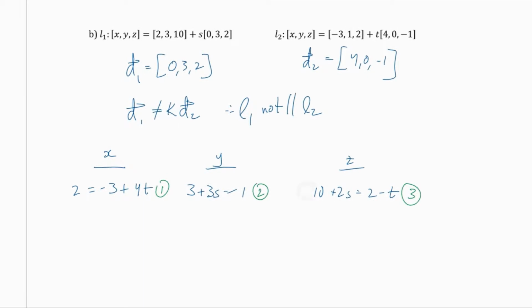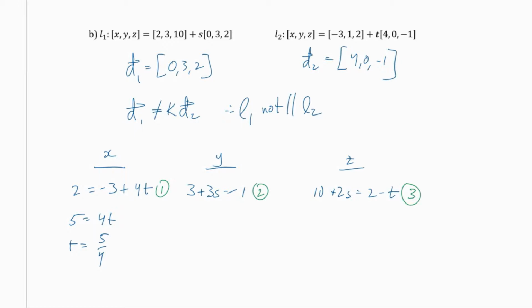This is no longer an equation with 2 variables. It's just an equation with 1 variable. So if I move the negative 3 over, I get 5 equals 4t. So t is 5 over 4. I can just solve for t. I didn't have to do the whole thing that I was doing before where I was actually solving a system. And because this happened twice, I can do this with both.